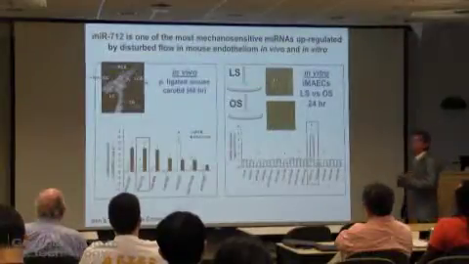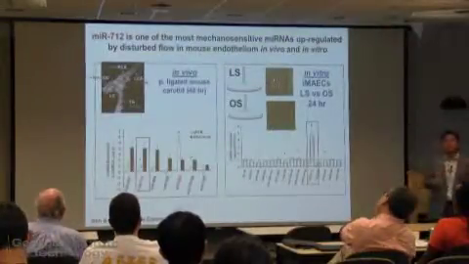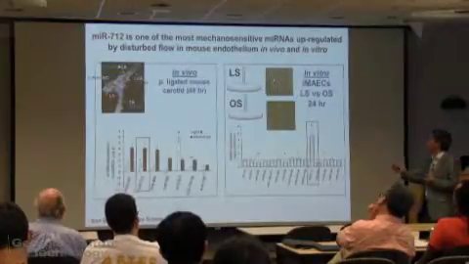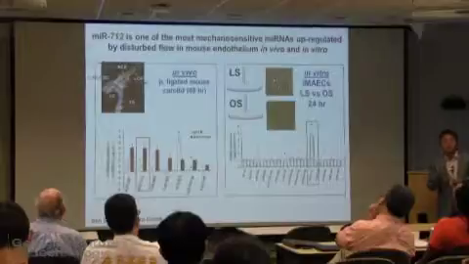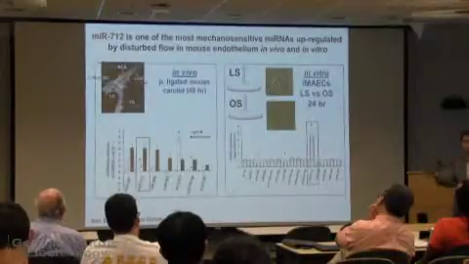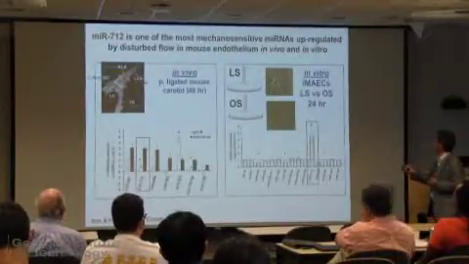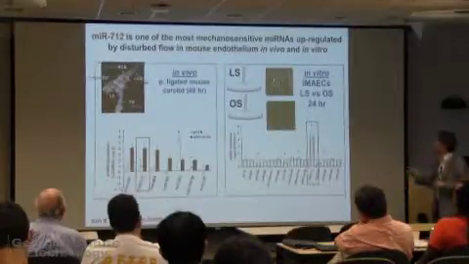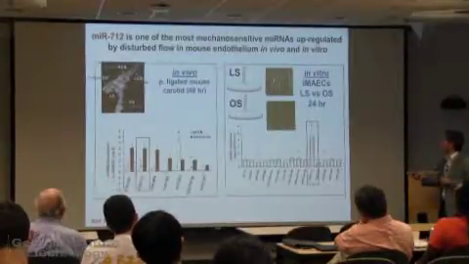And another thing that we did was that in each of our studies, we do not only in vivo studies, but concomitant in vitro studies where we collect endothelial cells and culture them under either laminar shear stress conditions that simulate good, stable unidirectional flow, or oscillatory shear that simulates flow disturbance.